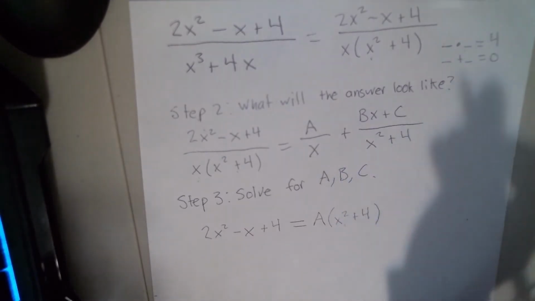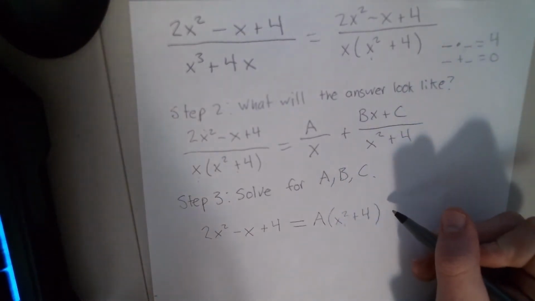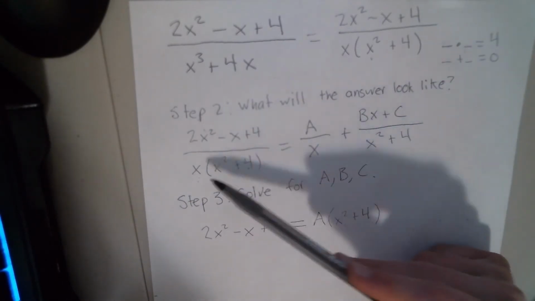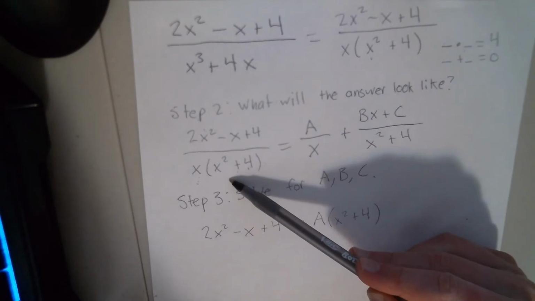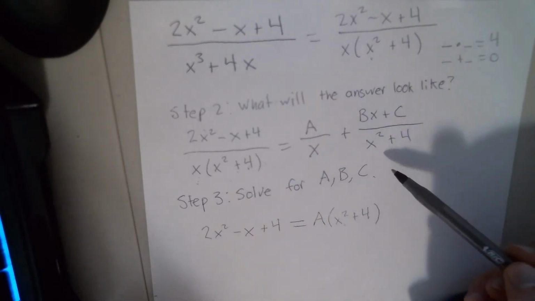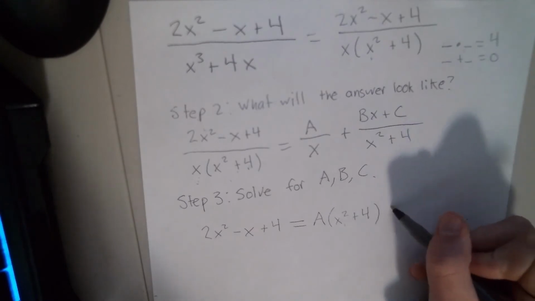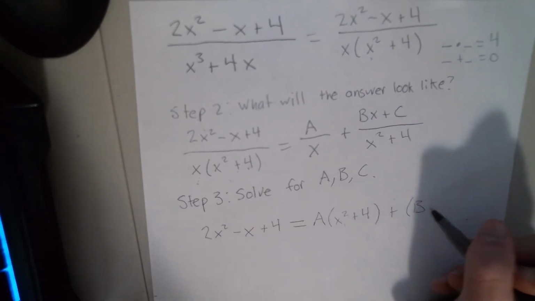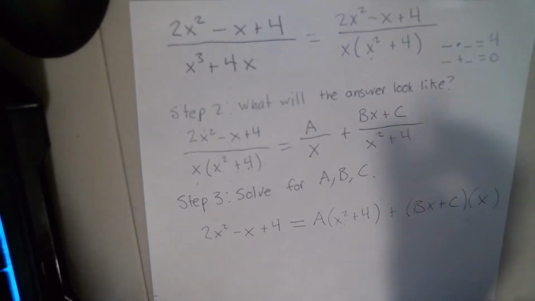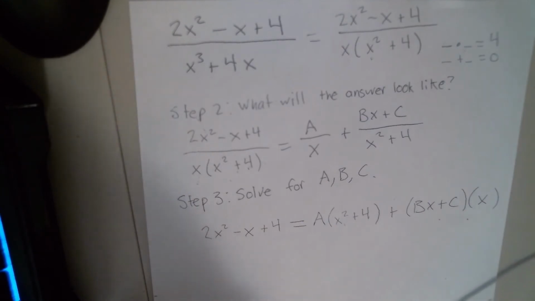The x squared plus 4 will still be there, but the x canceled. And for this one, when I times it by x times x squared plus 4, the x squared plus 4's cancel out, and so I get plus Bx plus C times x. The x is what's left over.